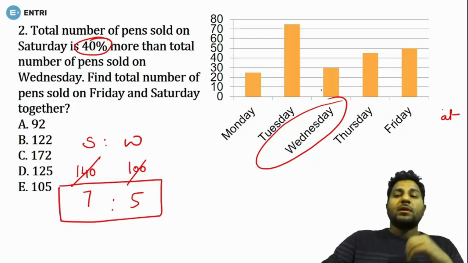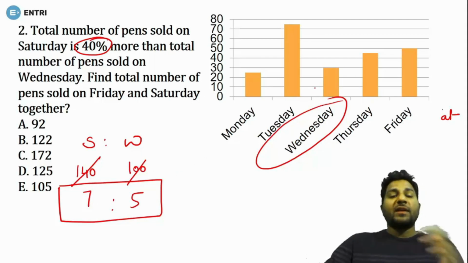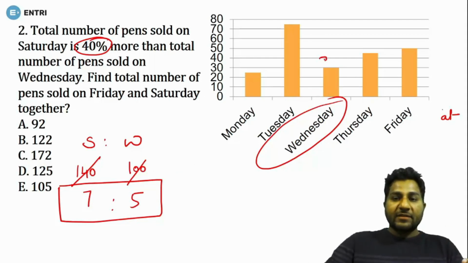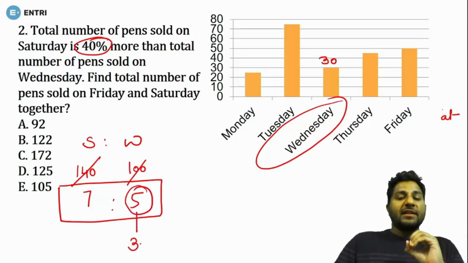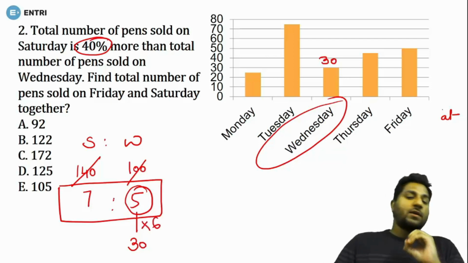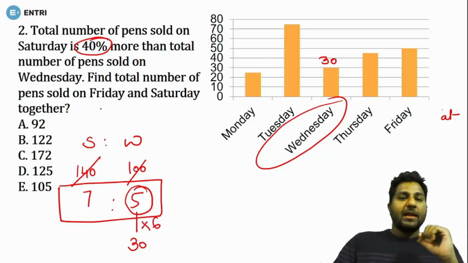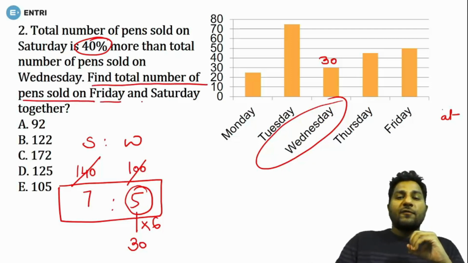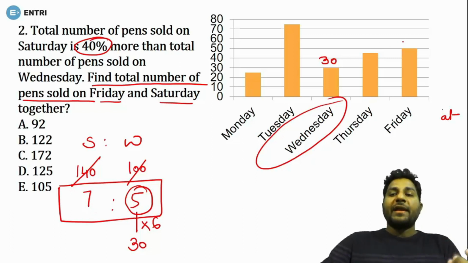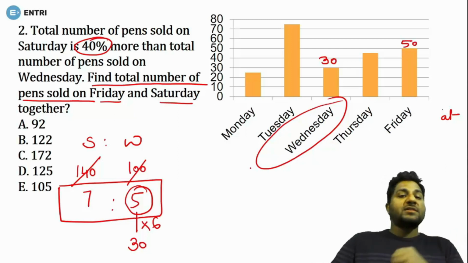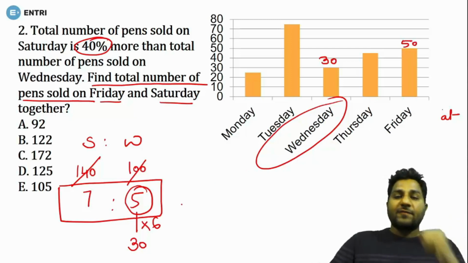We know the exact data of Wednesday's pens sold, and that data is 30. That means if we equate it with 5 ratio, we can easily find the value of 1 ratio, which is 6. Now they are asking to find the total number of pens sold on Friday and Saturday together. So let's find Saturday first, and we already have Friday's data, which is given in the graph as 50.